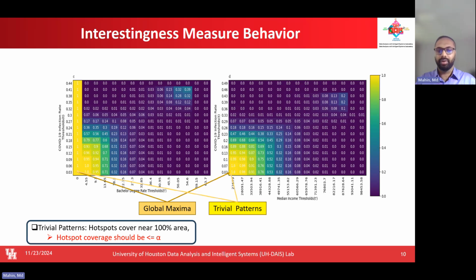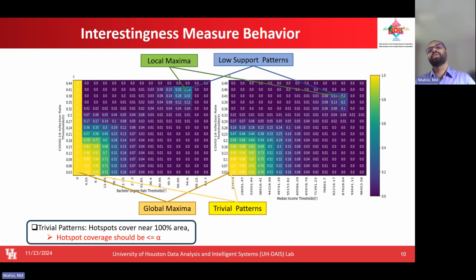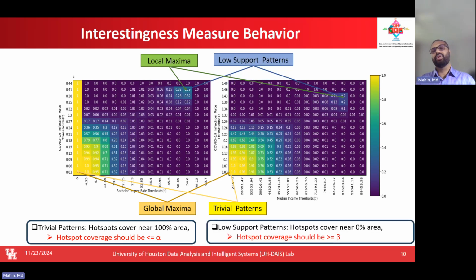Then we additionally find there are other maxima in the middle of the interestingness, and we call them local maxima. But the problem is sometimes we find low support patterns, where random hotspot coverages occur together and there is very high interestingness, but support is very low. So to prevent it, we say hotspots must cover above a certain threshold.